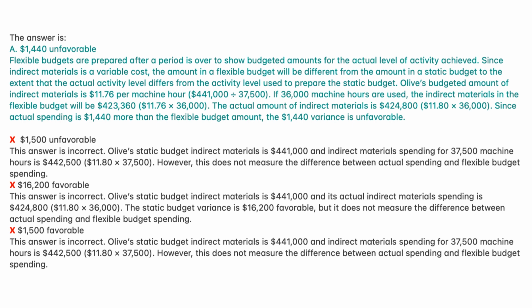If 36,000 machine hours are used, the indirect materials in the flexible budget will be $423,360, $11.76 times 36,000. The actual amount of indirect materials is $424,800, $11.80 times 36,000. Since actual spending is $1,440 more than the flexible budget amount, the $1,440 variance is unfavorable.